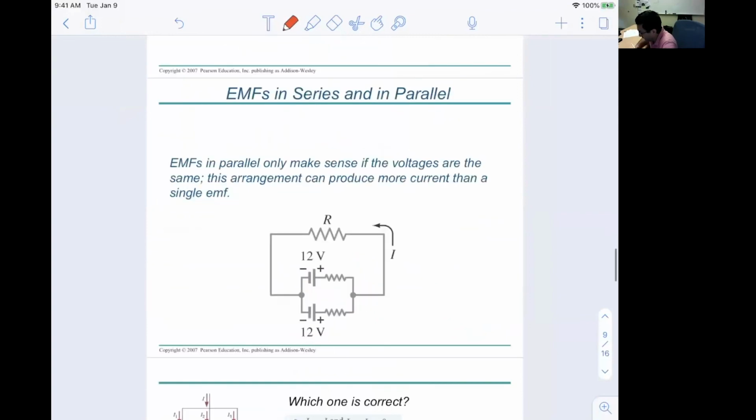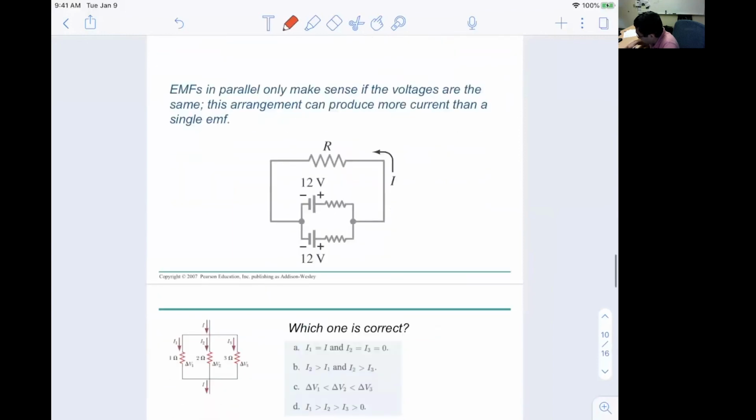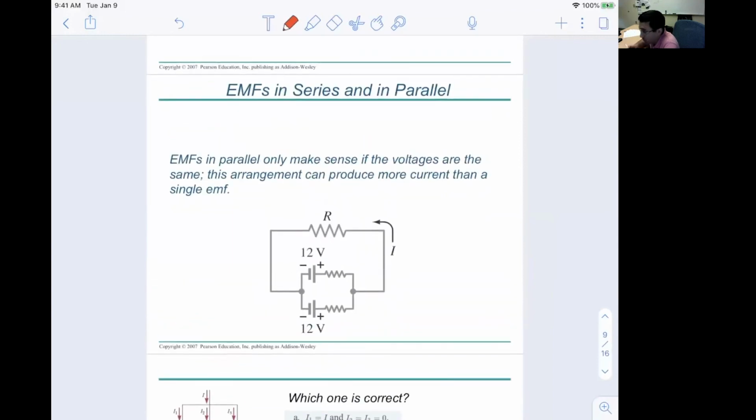So when you have parallel batteries, you can apply the same Kirchhoff's law, and depending on the problem, you can use different strategies.